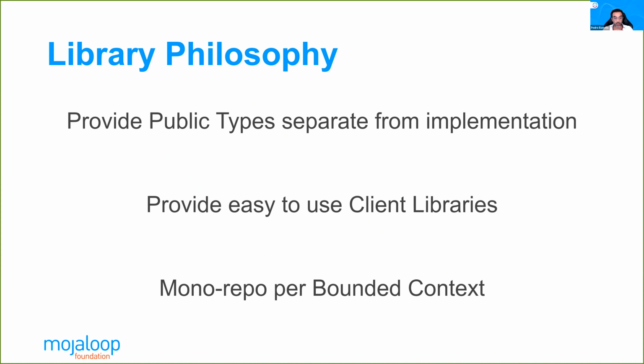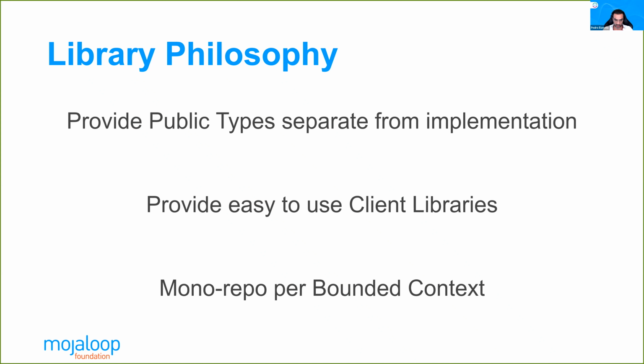So yes, we do provide libraries so that other parts of the system and other developers can benefit from speeding up development, because a lot of the implementations have been done. But we want to keep those implementations separate from those types as much as possible, so that we don't have those dependencies and the negative effects of breaking changes.